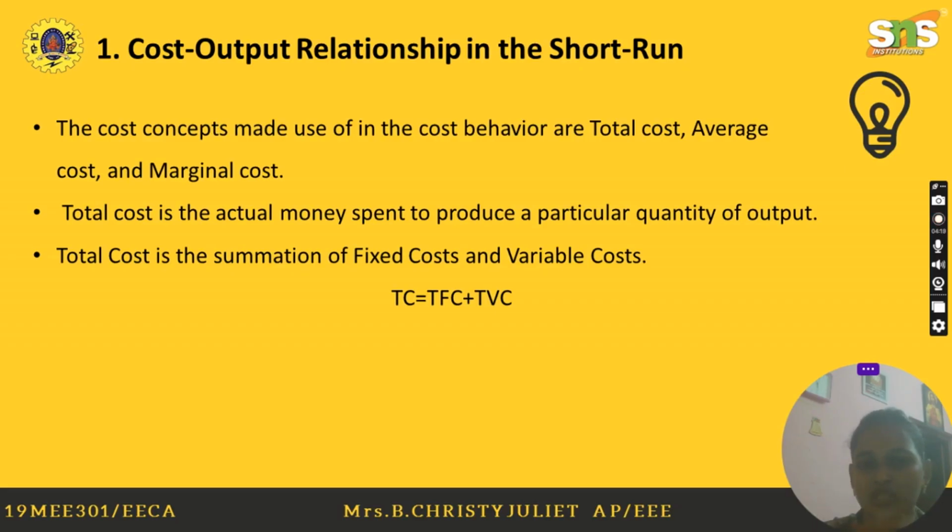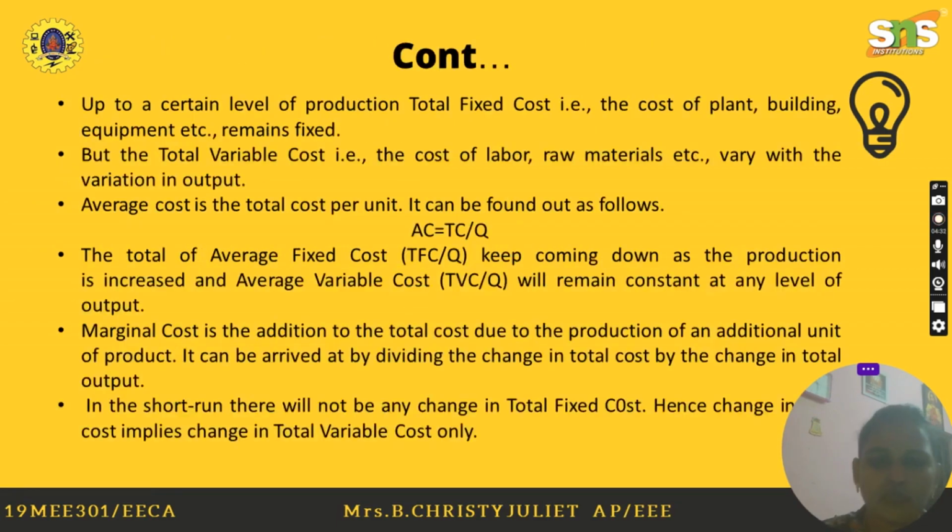So in general, cost is equal to fixed cost plus variable cost. In short run, this fixed cost remains constant because up to a certain level of production, the cost of plant, building, equipment, etc., will remain fixed. So the cost incurred for these will also be fixed.